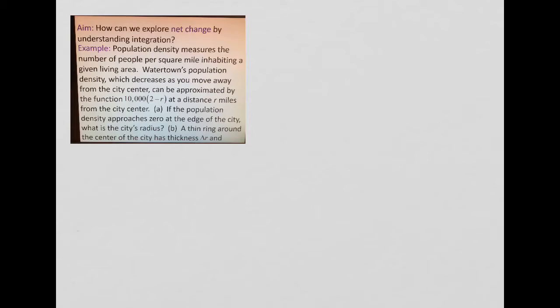It says that its population density, which decreases as you move away from the city center, that's not unusual, can be approximated by the function 10,000 times the quantity 2 minus r. So this is a function, okay, of r. And r is measured in miles because it says at a distance of r miles from the city center.